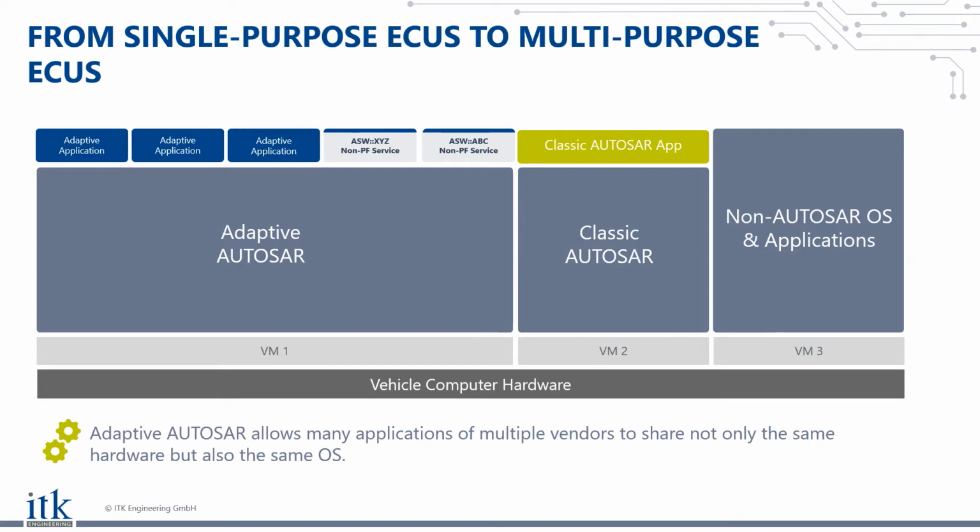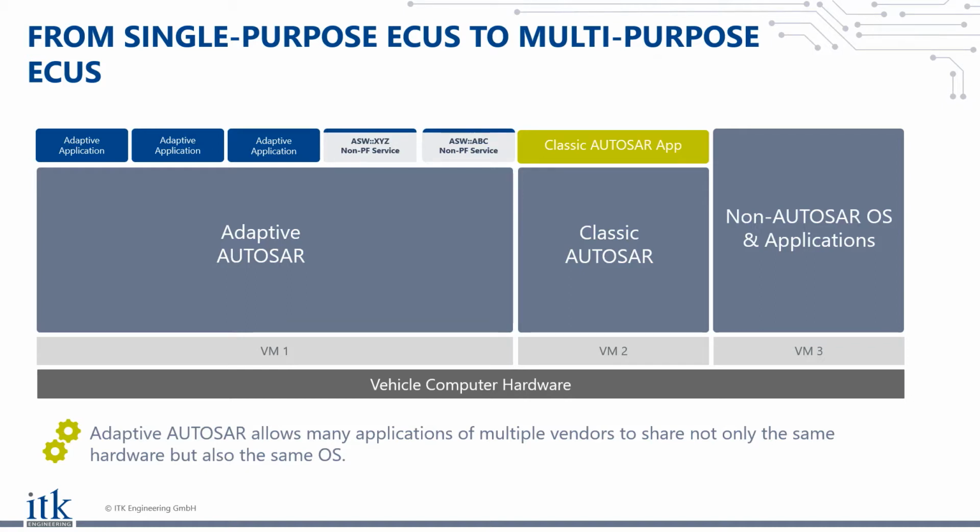Nowadays, you will see a shift from single-purpose ECUs to multi-purpose ECUs, and you have co-location of complete platforms, like multiple classic AUTOSAR platforms on one hardware, but even more, you have multiple domains within one ECU when you switch to the adaptive AUTOSAR platform.